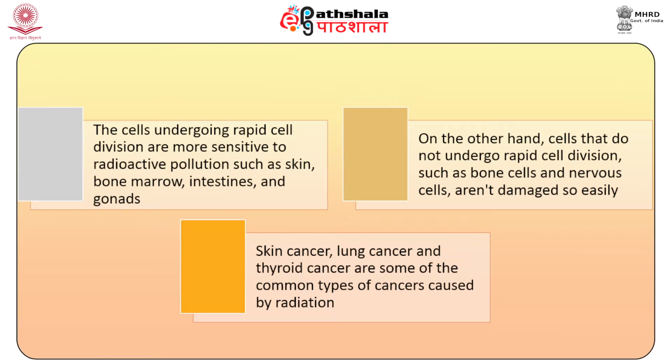On the other hand, cells that do not undergo rapid cell division, such as bone cells and nerve cells, are not damaged so easily. Skin cancer, lung cancer, and thyroid cancer are some of the common types of cancers caused by radiation.